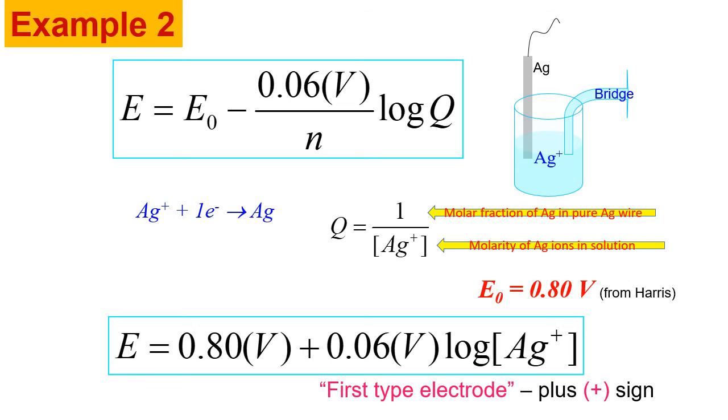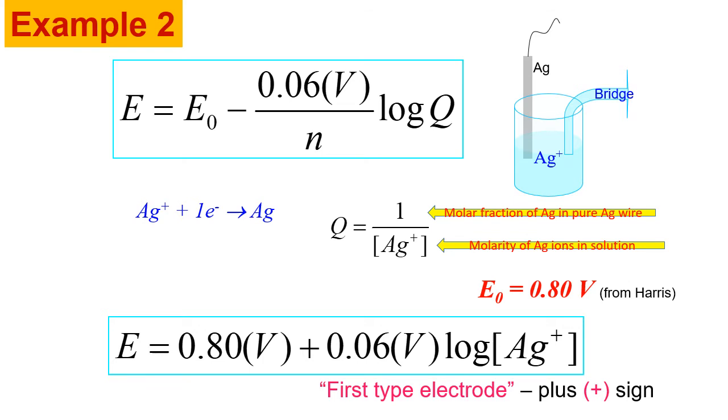The concentration of our product is the molar fraction of silver in pure silver, which is 1. You have pure silver in pure silver. It's constant, it's 1.